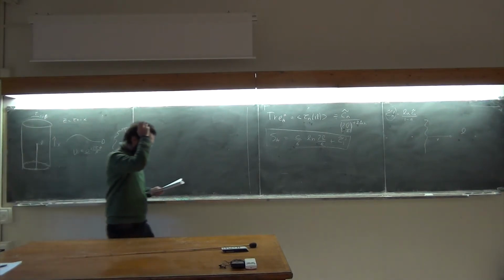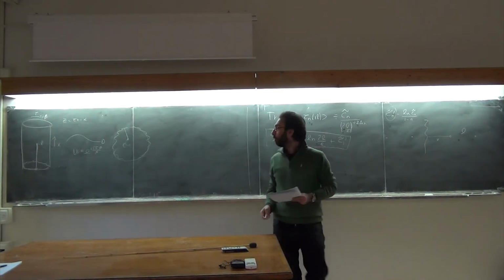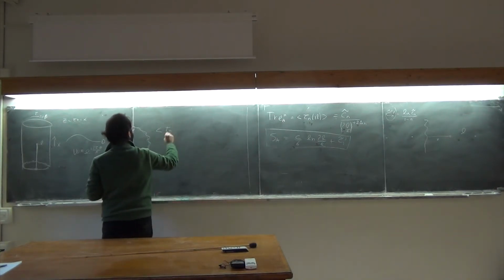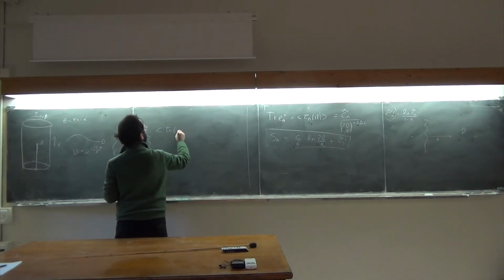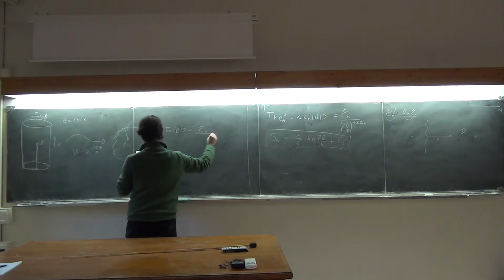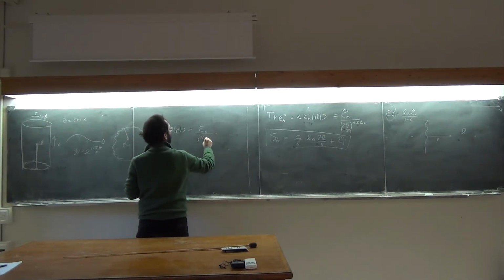So what I have to calculate is the one-point function in this geometry, tau n, let's say, of rho. That's just c tilde n divided by rho squared minus 1 to the 2 delta n.